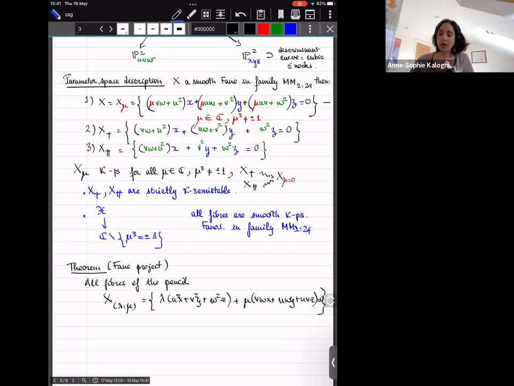So here, the previous curve C corresponds to all parameters of the form 1 mu. So we prove that all fibers of this pencil over P1, so lambda mu are in P1, are K-polystable Fano threefolds.